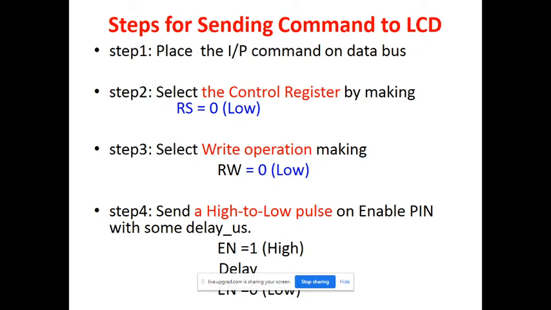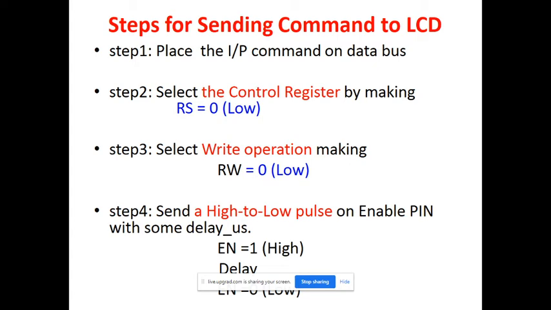Instead of that, we just write a command subroutine. A subroutine is a subprogram, and that program you call after every command, such as clear the screen, then set cursor position, shift the cursor, like that. Instead of writing the same thing again and again for every command, we write that sub program somewhere else, and that subprogram or subroutine is called a command subroutine.